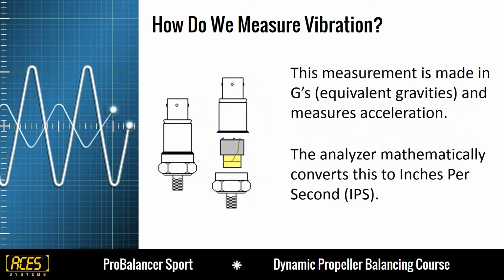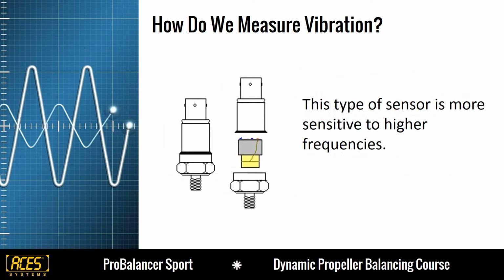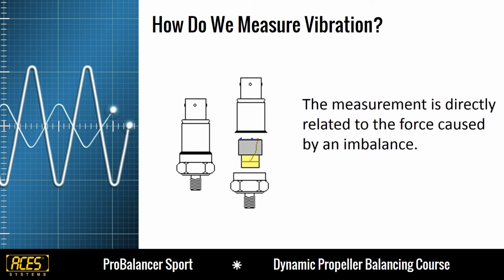This measurement is made in G's, or equivalent gravities, and measures acceleration. The analyzer mathematically converts this to inches per second, or IPS. We use this type of sensor because it is more sensitive to higher frequencies. The measurement is directly related to the force caused by an imbalance.